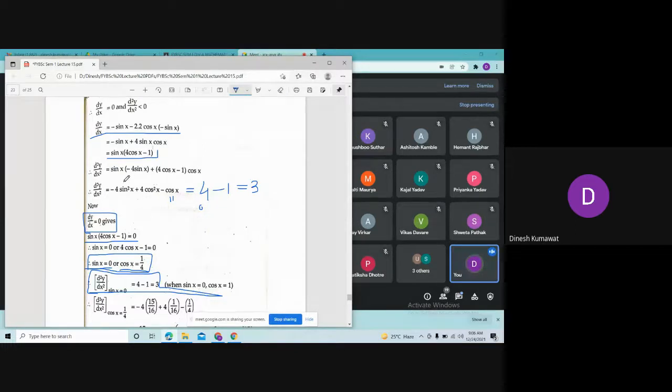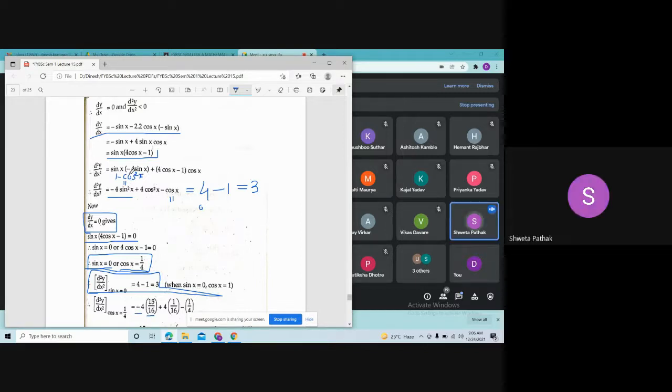So this becomes 1 minus 1 minus cos square x. cos स्क्वायर एक्स और बाहर याद रखो -4 से मल्टीप्लाई भी हो रहा है. Okay, so this gives me what? -4 into 15 by 16, right?